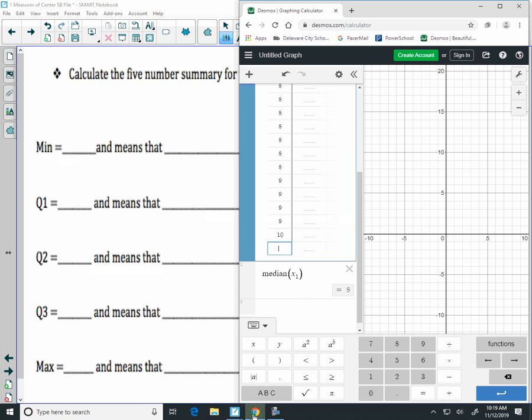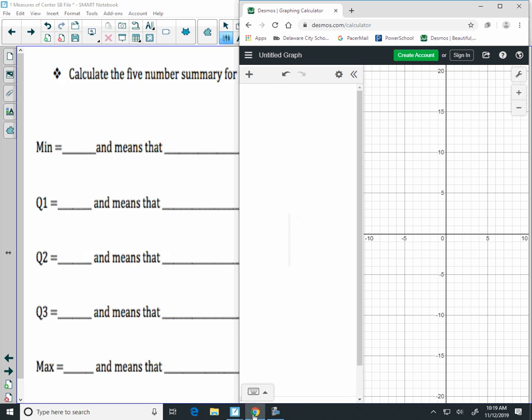Again, clear out everything so you don't have x2 in there as a list.